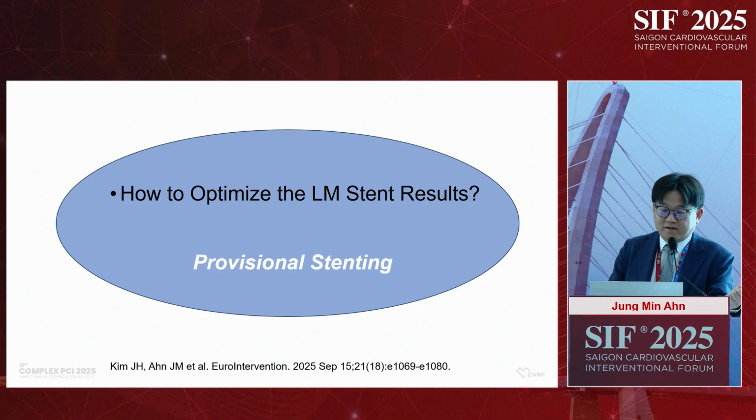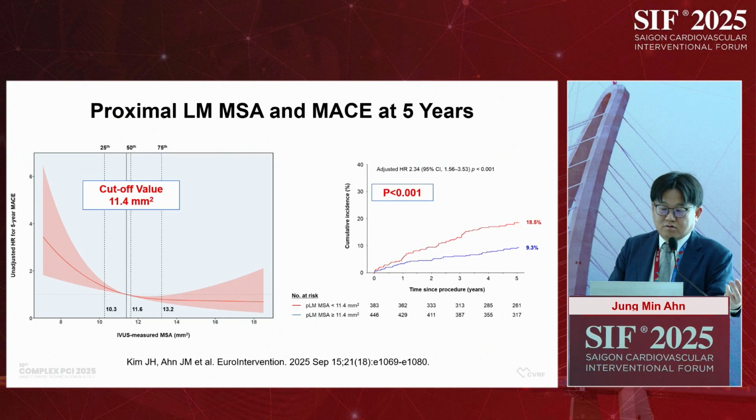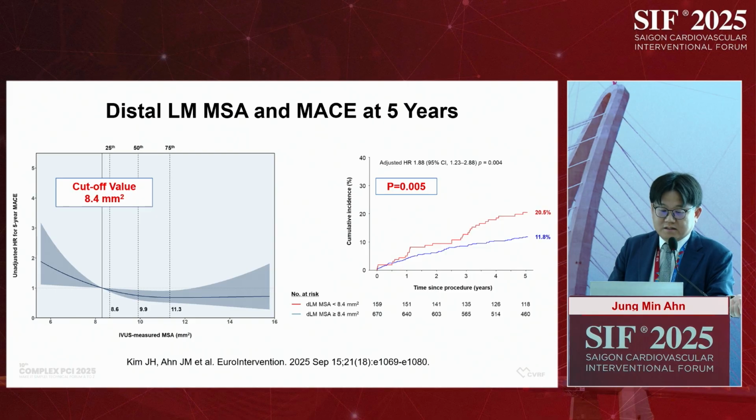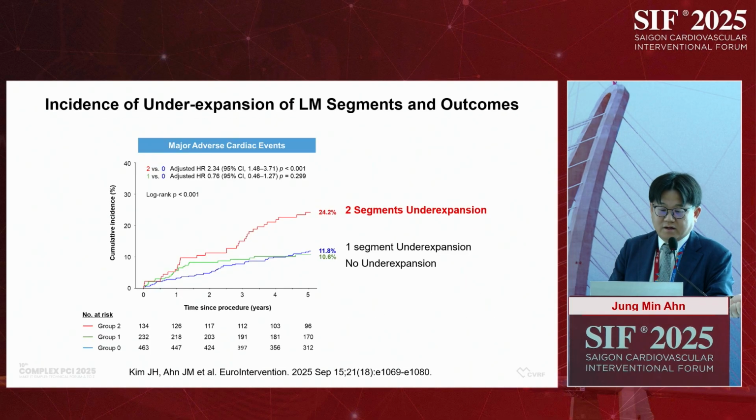How about the provisional stenting technique? We also evaluated 3 points: LAD ostium, distal left main, and proximal left main. Proximal left main area of 11, distal left main around 8, and LAD ostium of 8 were significantly associated with patient outcomes.